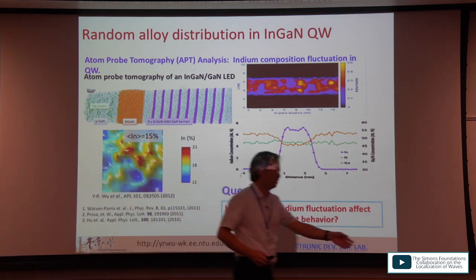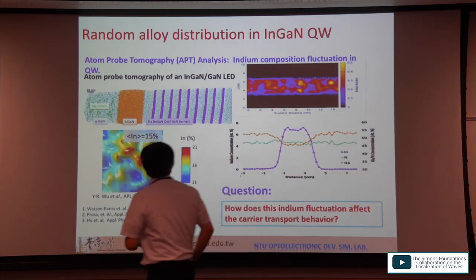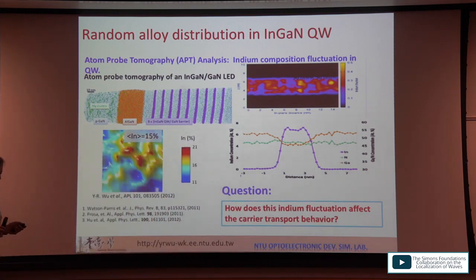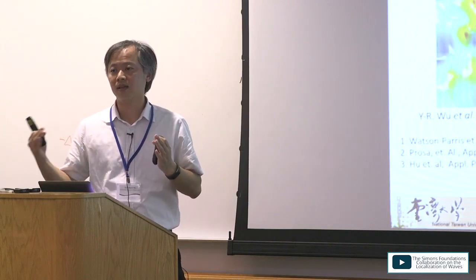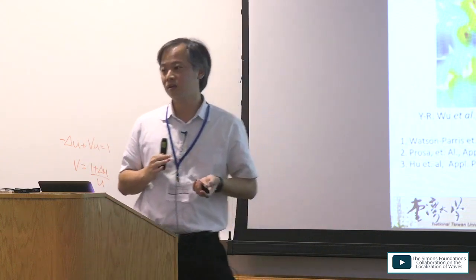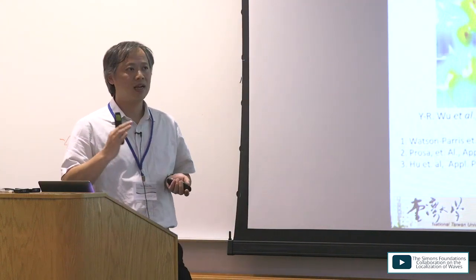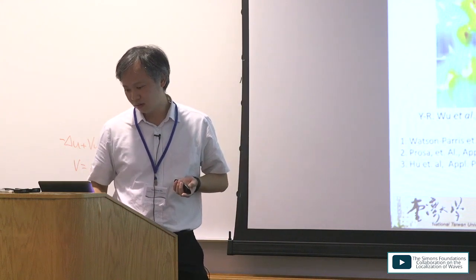We found that even without the quantum effect, simply considering the alloy fluctuation reduces the simulated voltage a lot. It's almost close to the experimental result. But at that time the quantum effect was not included, so it's a little bit larger, and there's something more we can try to do.